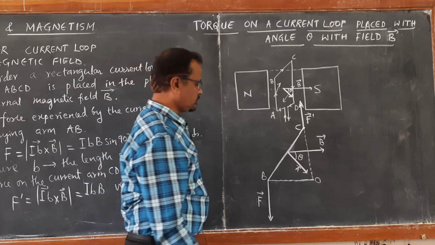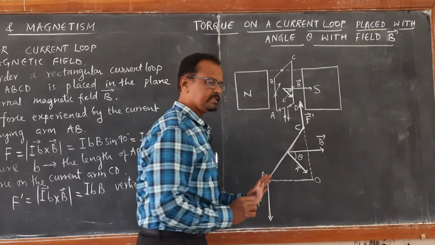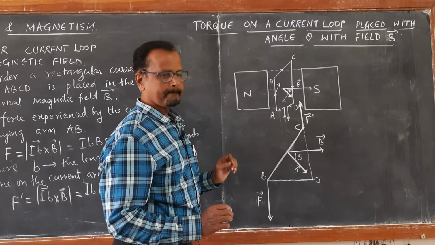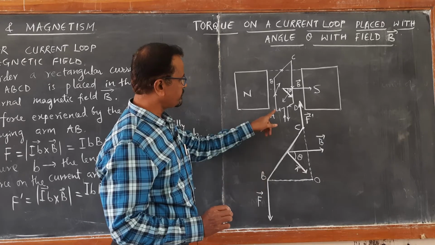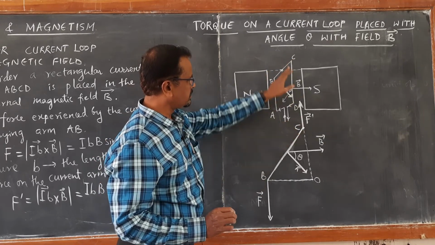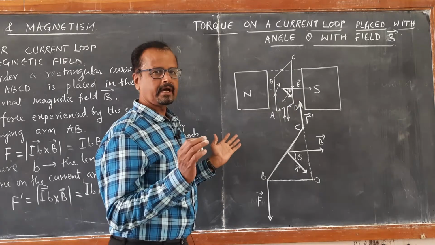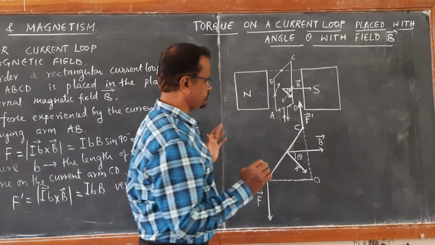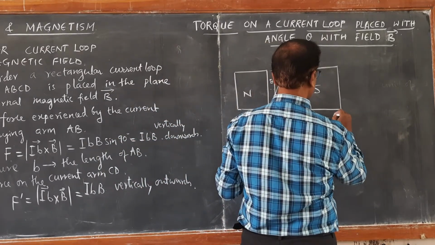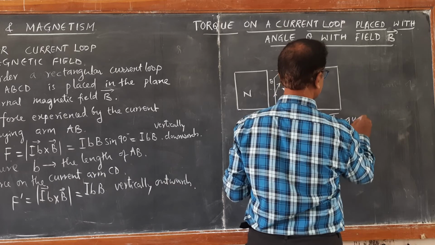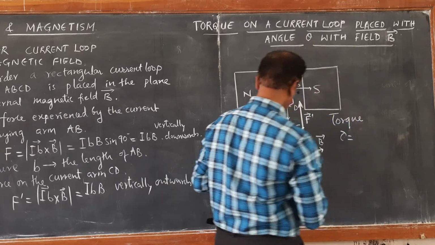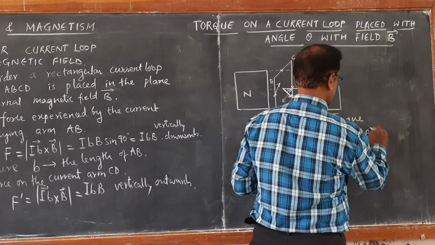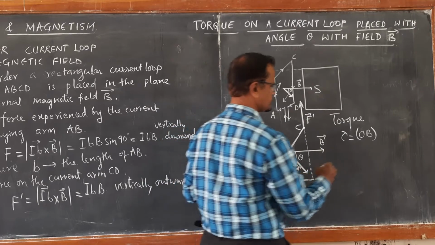Now, we can calculate the torque. Two equal and opposite forces at two different points on the arm, this is the arm AB and this is the arm CD, constitute a couple or torque. So torque due to the couple I will write now. Torque tau is equal to the perpendicular distance, which here is OB, into the magnitude of the force.